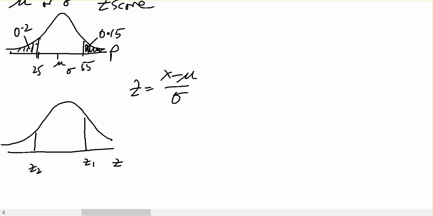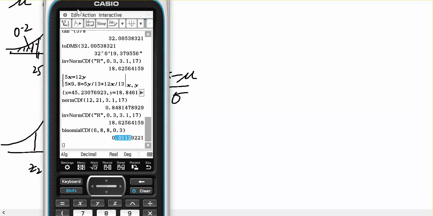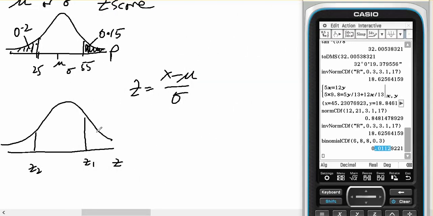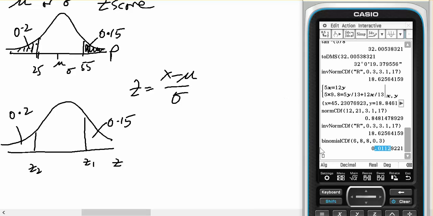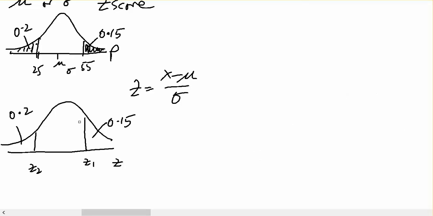So on my calculator, I know that I'm working with the z-scores, and I know that probability is 0.15, and that one is 0.2. I think I've drawn them around the wrong way, but that's okay. That's now bigger than that. Beautiful.